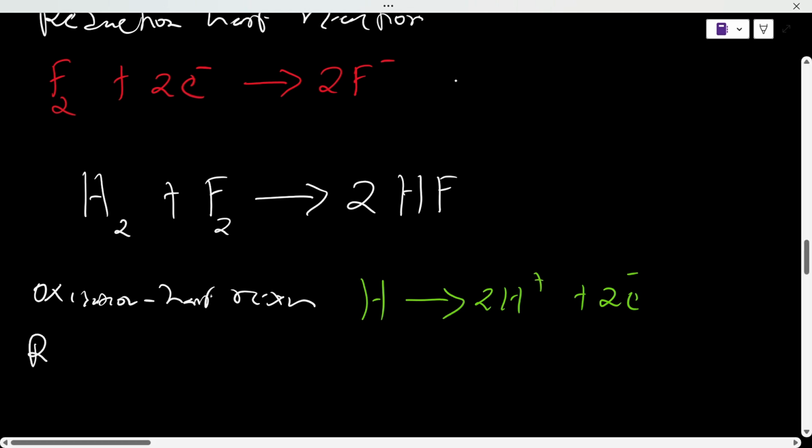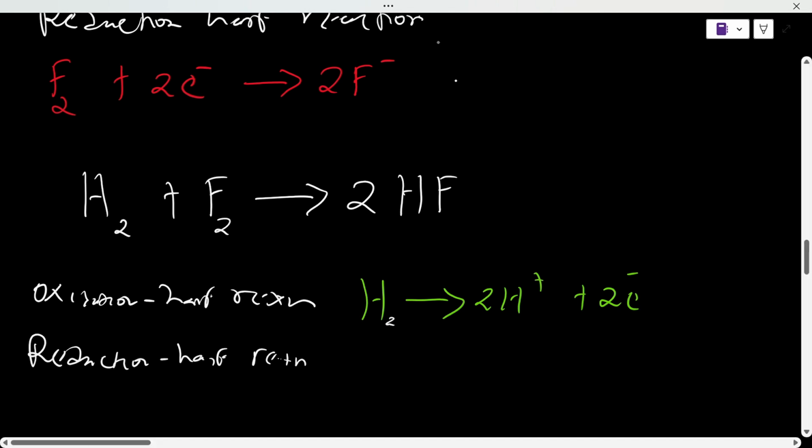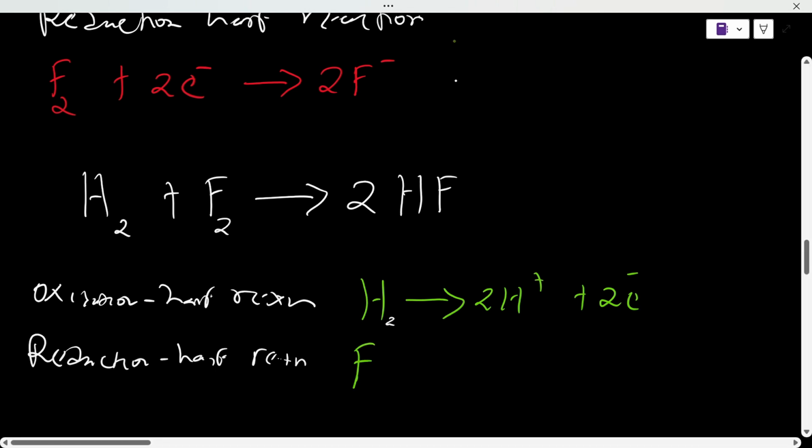The reduction half reaction was done by fluorine, when fluorine accepted the 2 electrons donated by hydrogen to give us fluoride ion.